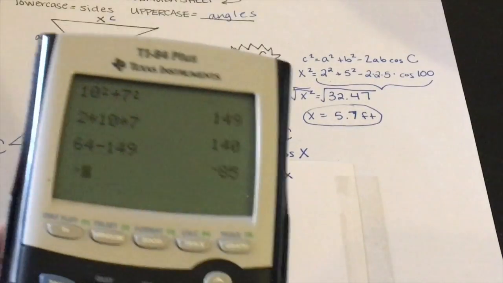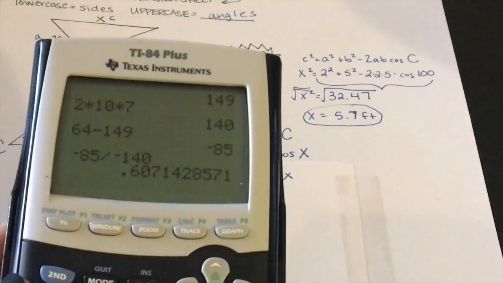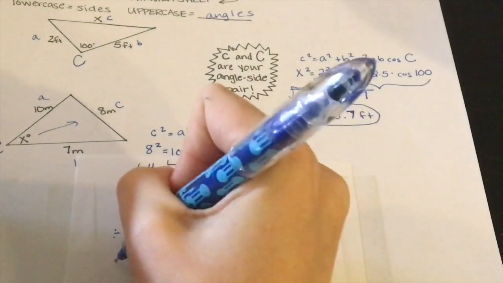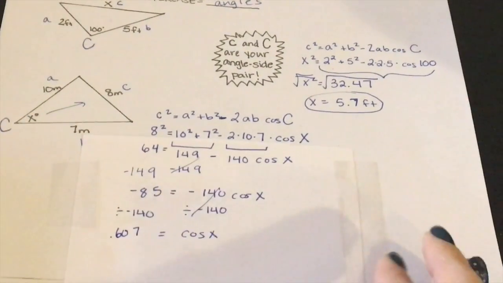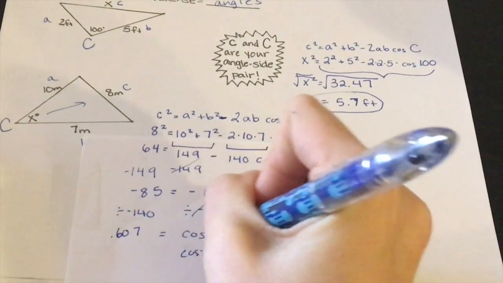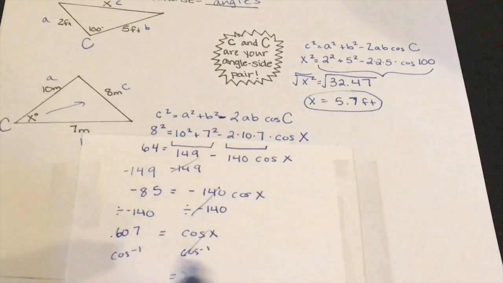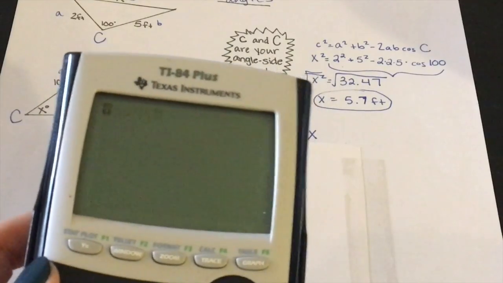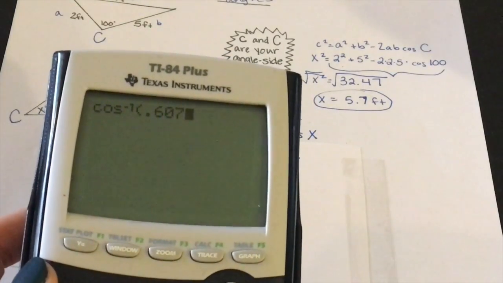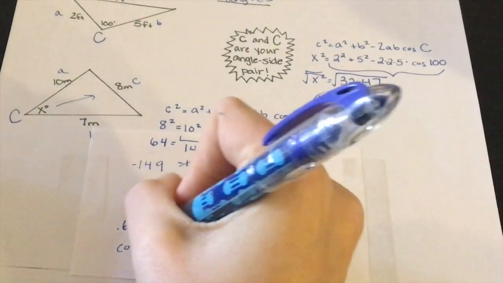So negative 85 divided by negative 140 is 0.607. And then you're gonna uncosine both sides. So the inverse cosine of 0.607 is 52.6 degrees.